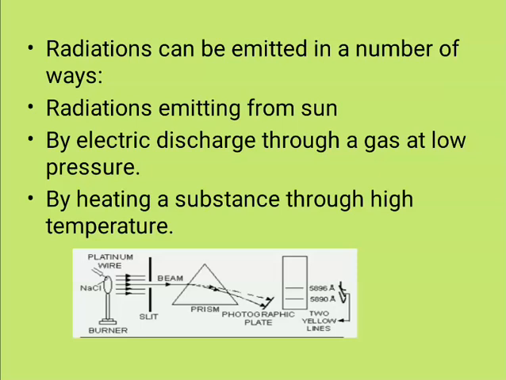Given below is a diagram of the emission spectrum of sodium. When we heat sodium chloride on a platinum wire in the Bunsen burner's flame, and the emitted radiations are allowed to pass through a narrow slit and then fall on the prism, and the spectrum is recorded on the photographic plate, we will observe only two yellow colored lines.